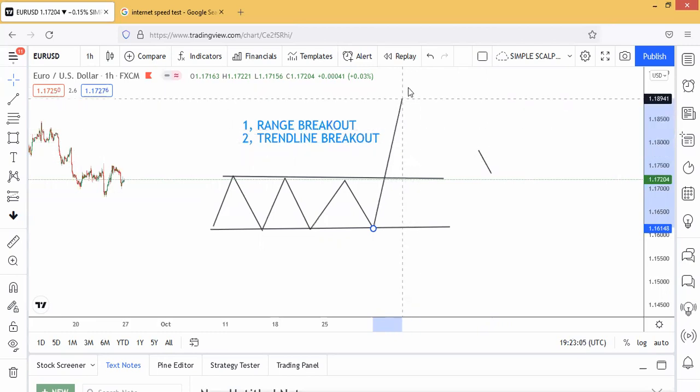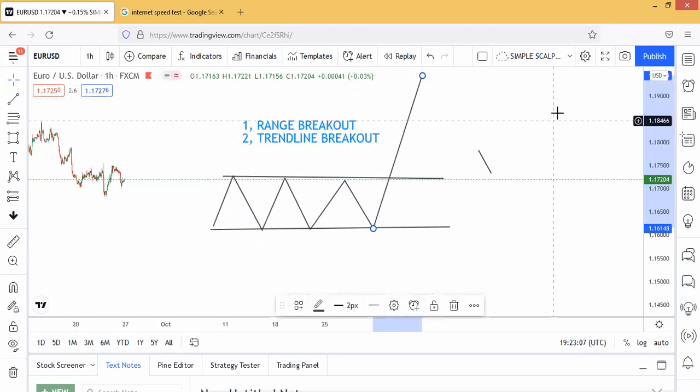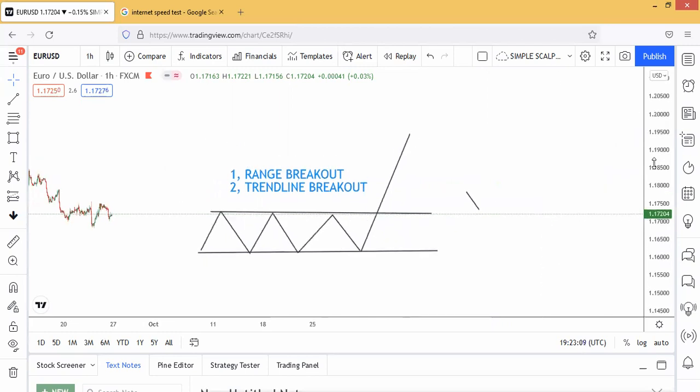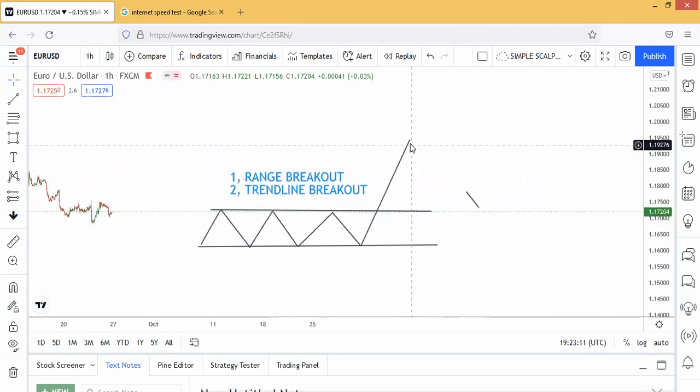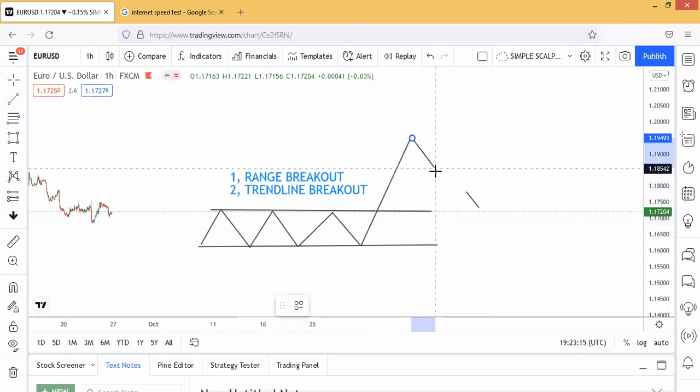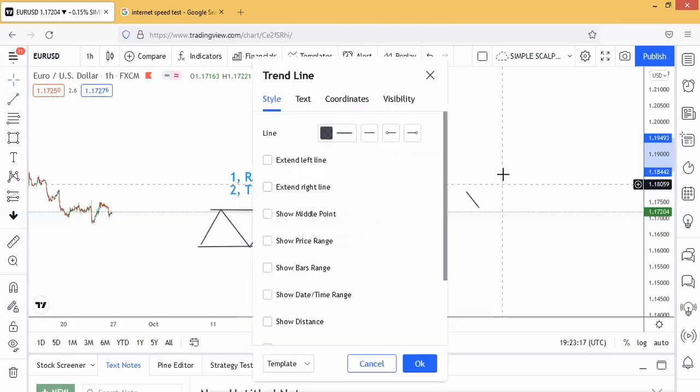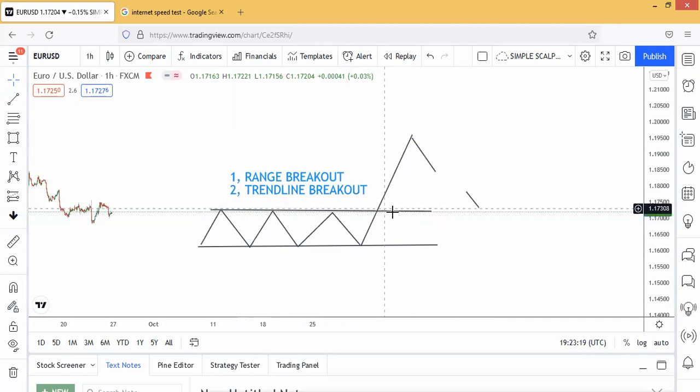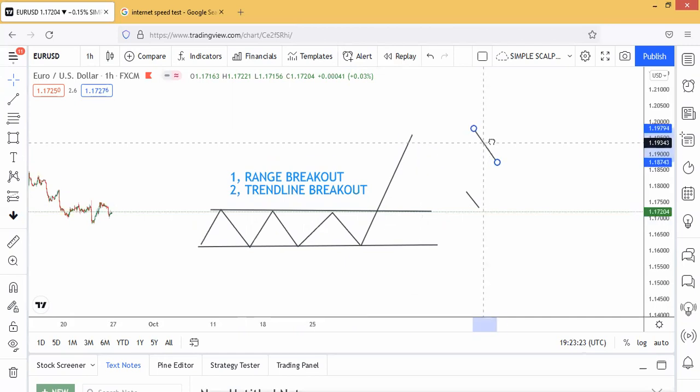It goes up like that in a very strong trend. The next thing you're going to see is that price pulls back a little bit, but it's not going to pull back down to where the breakout happened again.